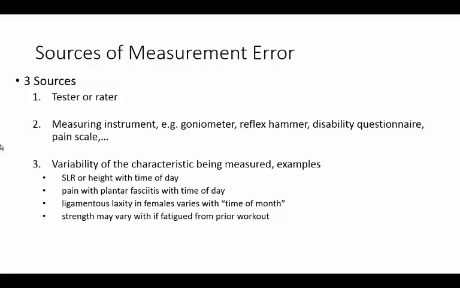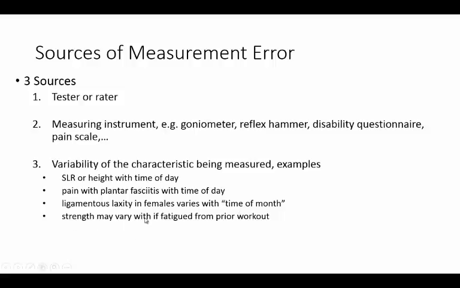So now we have a different answer because of the time of day that we asked the question. Ligamentous laxity in females varies with the time of the month. So sometime during the month, for young women, they could have more ligamentous laxity than other times of the month. Although this specific variable is kind of debatable, we can discuss this, but let's assume that it changes.